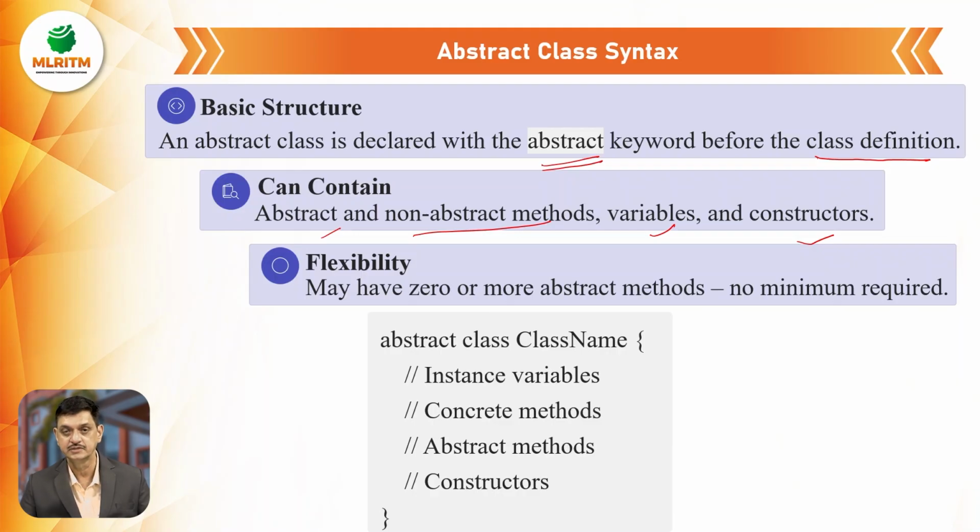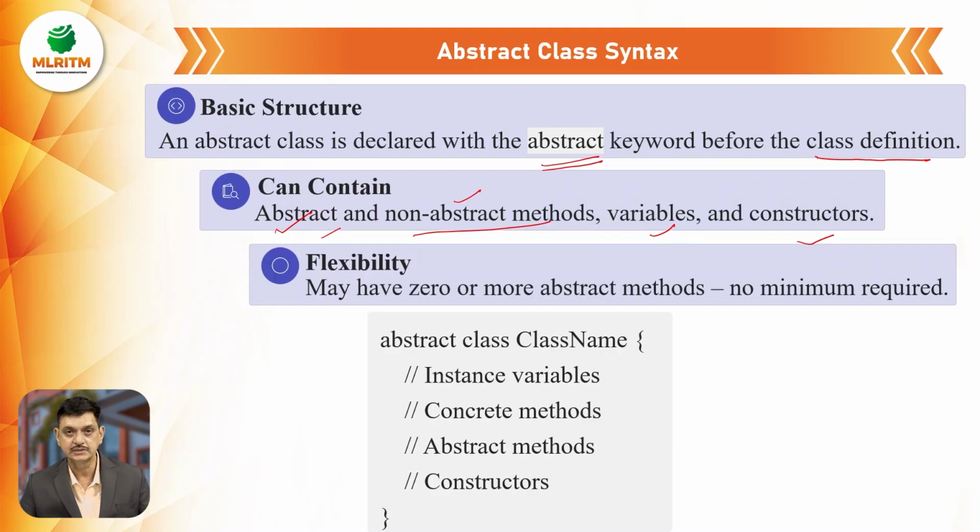Abstract methods are not fully defined, which means the method definition has to be completed by its child classes. So it can contain fully defined methods, which we call non-abstract methods, or partially defined methods, which are called abstract methods, then variables, then constructors.